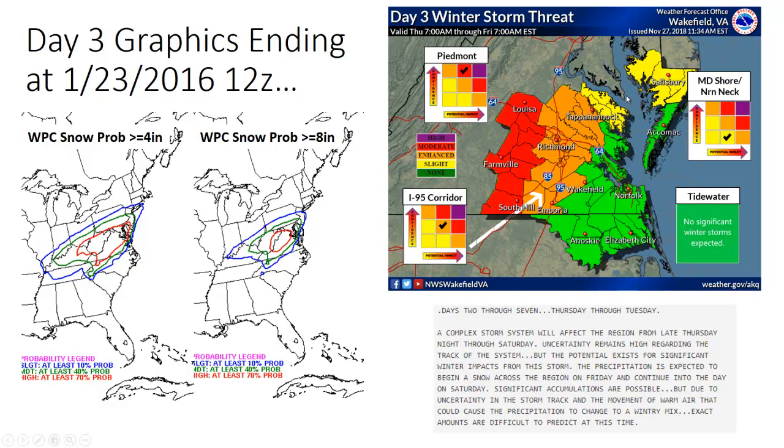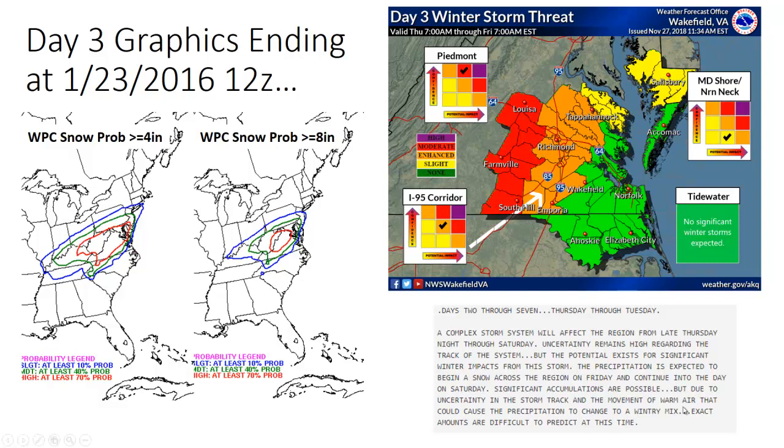Even up into the eastern shore, you're starting to see some potential impacts, a slight risk there. The only place that still has a no risk type thing is the Tidewater. And again, this is solely based on the forecast. This isn't something I put in based on what happened. This was actually the forecast.